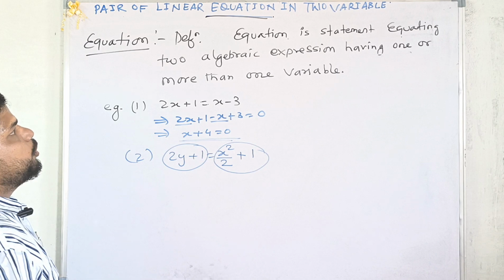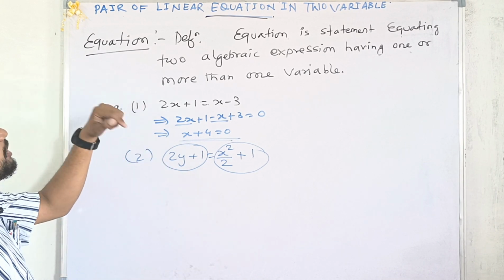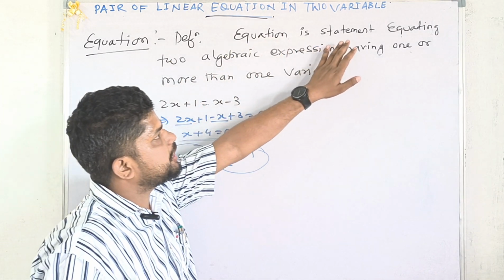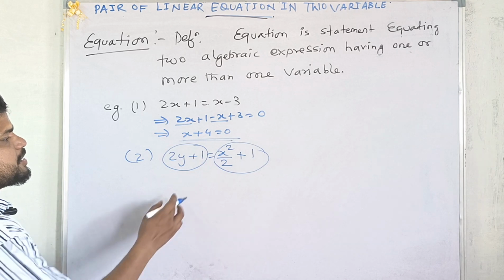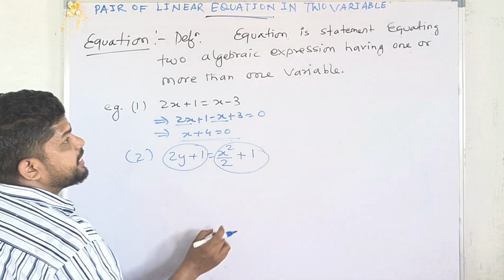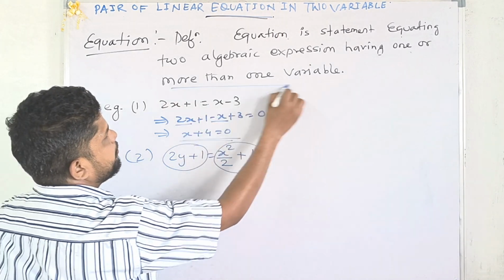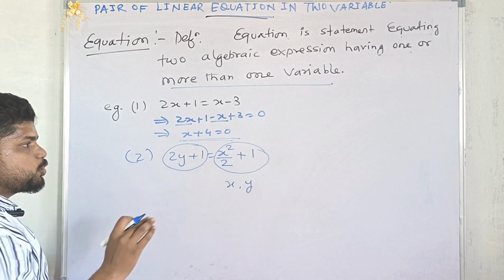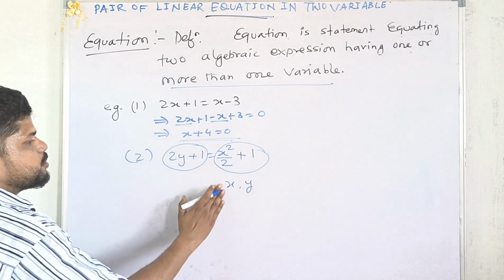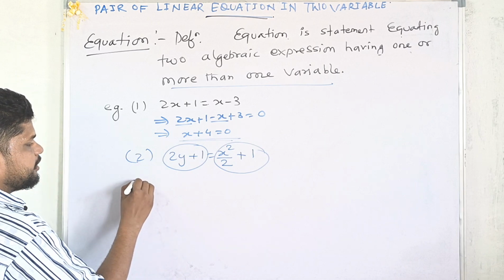So again this is applicable to the definition which says that an equation is a statement equating two algebraic expressions, having one or more than one variable. Here the variables are x as well as y, that is two variables. So this is also an example of an equation.